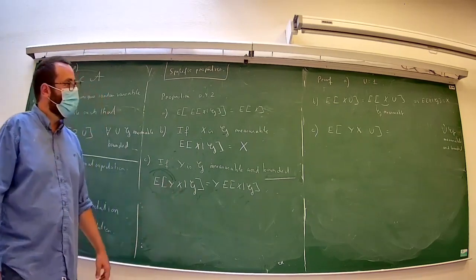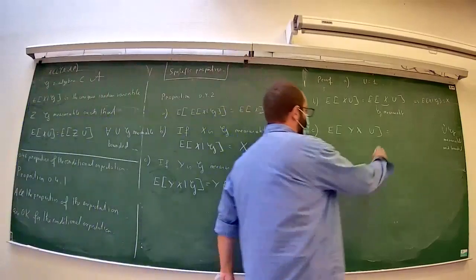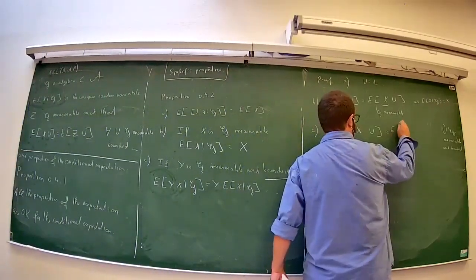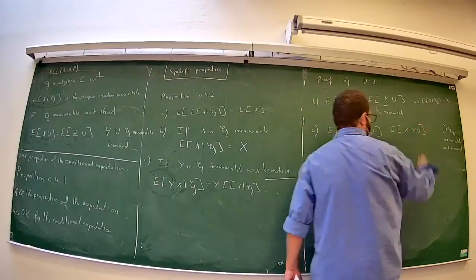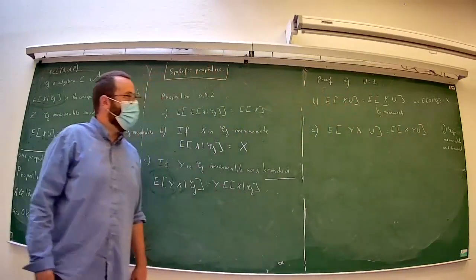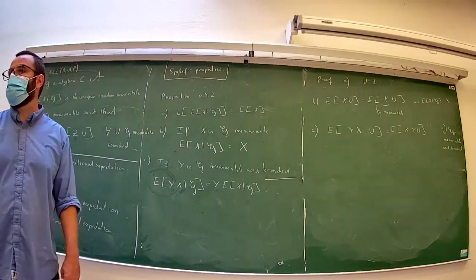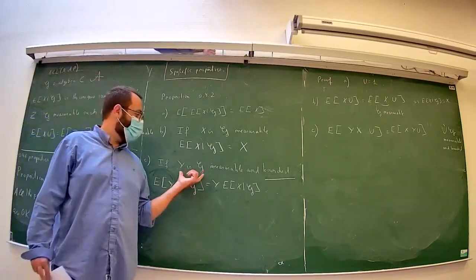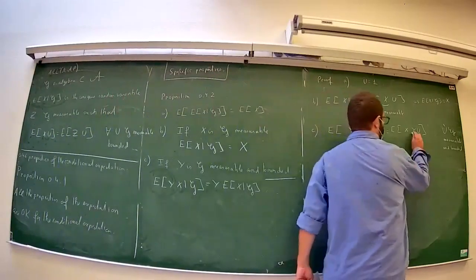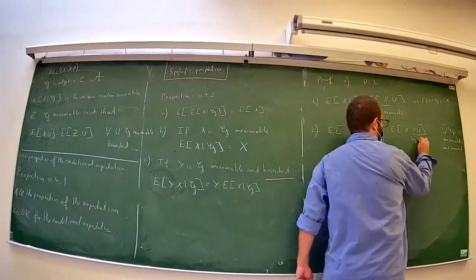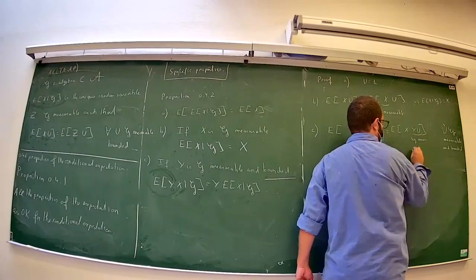Okay? But I can write this expectation this way: expectation of x times y u. And why do I do this? Because I know that u is J measurable and bounded, and I know also that y is J measurable and bounded. So the product here is J measurable and bounded.